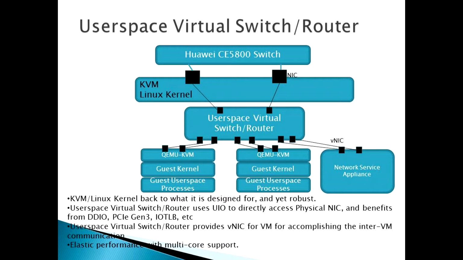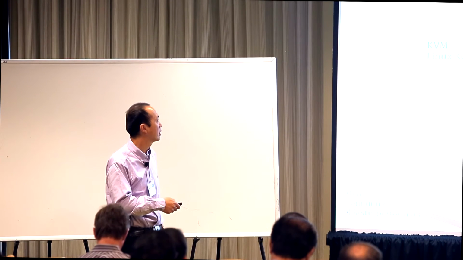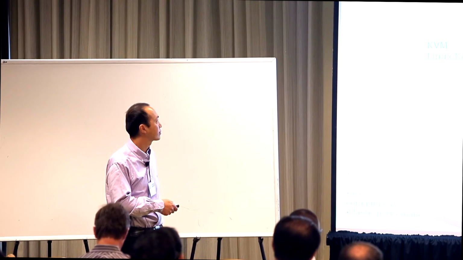In this diagram, we can see we still bypass the kernel IP stack typically provided by the hypervisors. The packet will go through the physical NIC card all the way to the user-level switch or router. If a switching function is needed by the VM or virtual appliance, the virtual switch or router will guide the traffic to the VM.